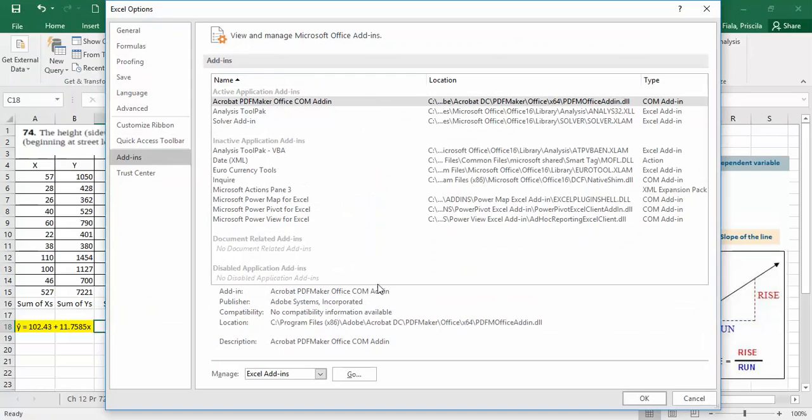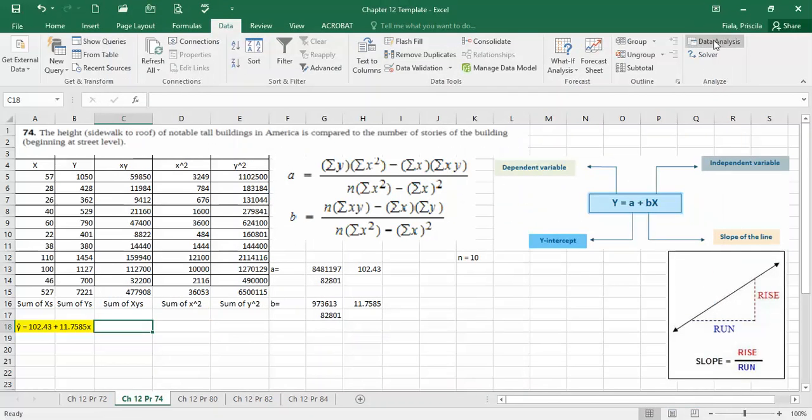I already have it, so it's not available. It has to be under Excel Add-ins, and once you select it, you click Go. If you click OK, it doesn't work. Click Go, it's gonna add, and then you can do OK. See right here now, I have the data analysis.